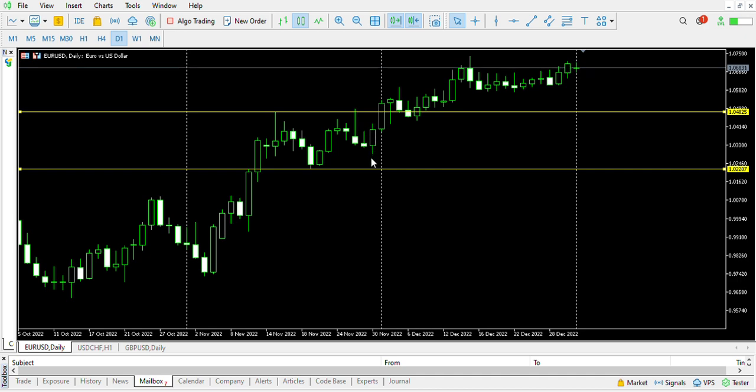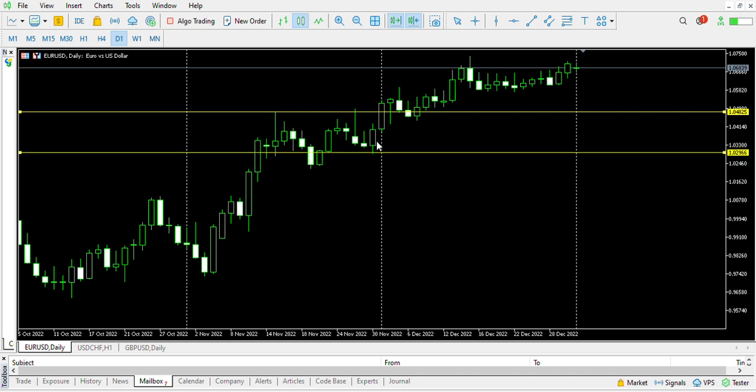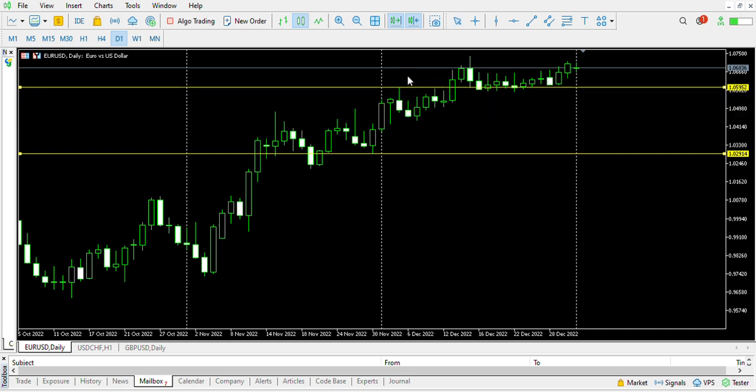It didn't break it, it touched it and got pushed down to this point here. Once it hit this zone, it got pushed up and beat it, so it created a new high here. It hit that supply, which is on a higher time frame if we look to our left, and got pushed down again to this demand here.